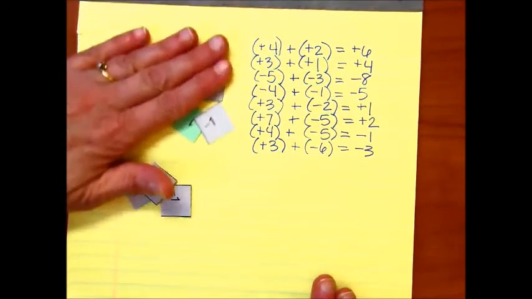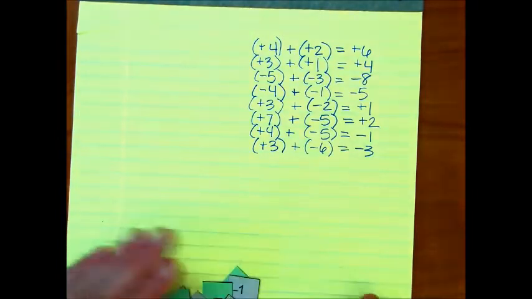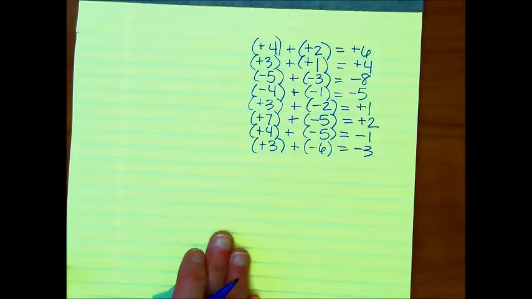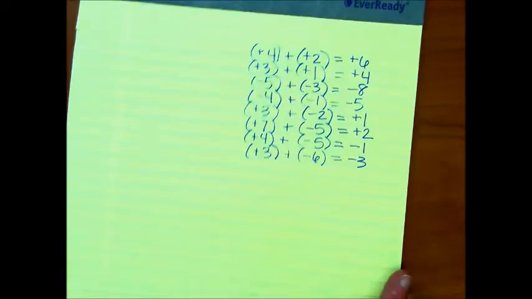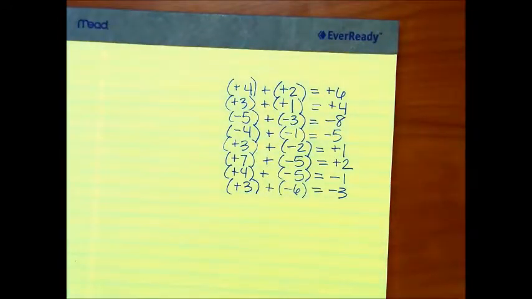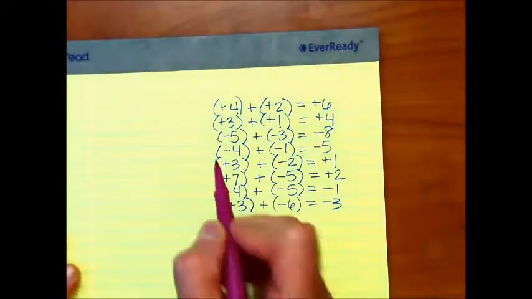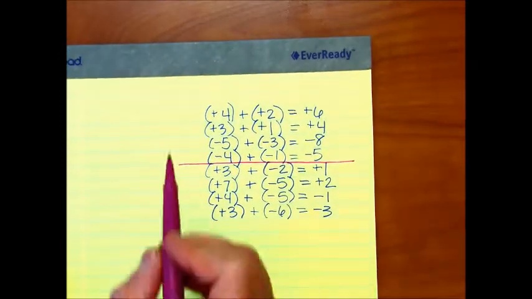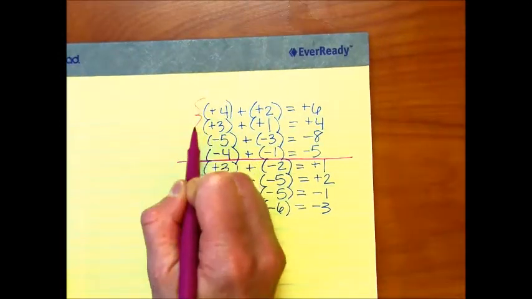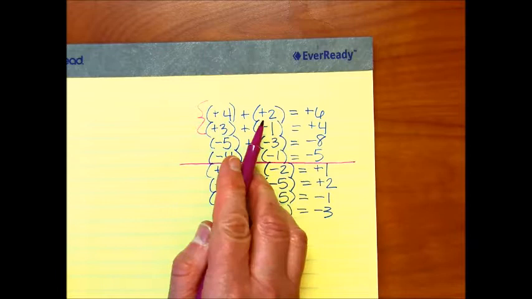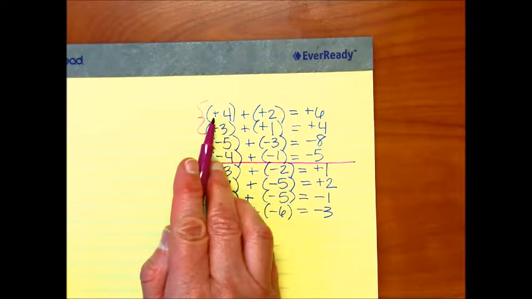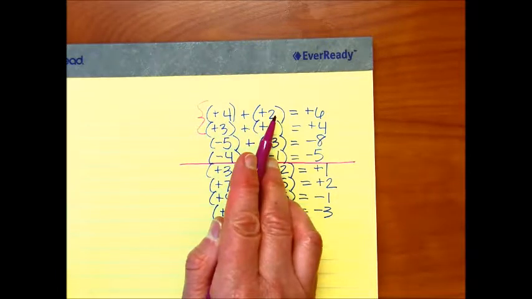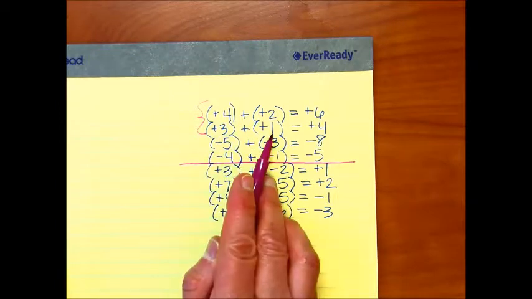I'm going to stop using the tiles now, and I want to focus on some patterns that maybe you're seeing. Let's first look at when we were just adding with the same sign. In the first two examples, I'm adding two positive numbers together, positive 4 and a positive 2, positive 3 and positive 1.